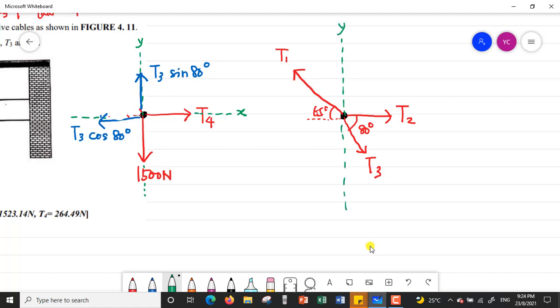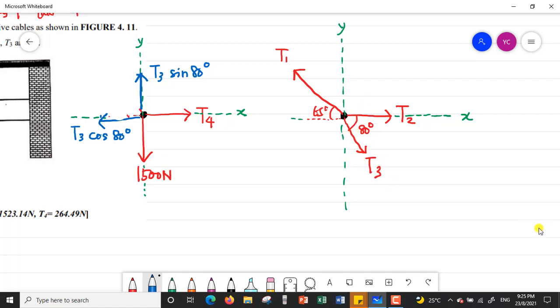This is the Y axis. This is the X axis. After I put my axes, I can see that T2 lies along the X axis. T1 has an angle of 65, so T1 can be resolved. The same goes for T3, which has an angle of 80, so we can resolve it.